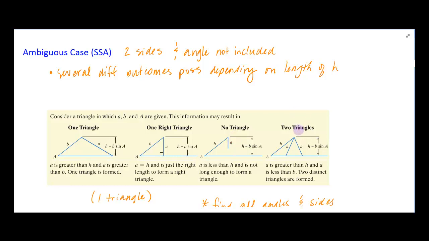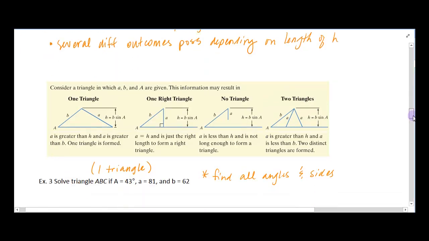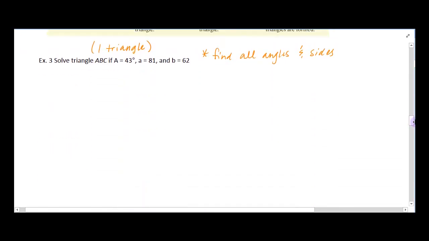Or we could end up having two triangles, as in this case, where one triangle is almost embedded inside of the other. So we have one triangle, no triangle, or two triangles that are possible outcomes when we have this kind of ambiguous case scenario. So let's look at an example that utilizes this idea.